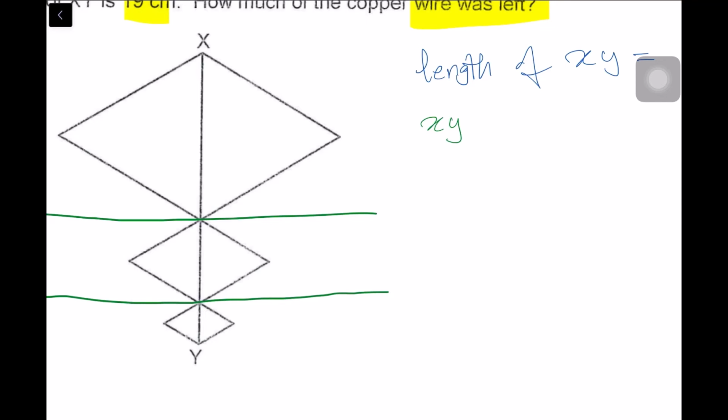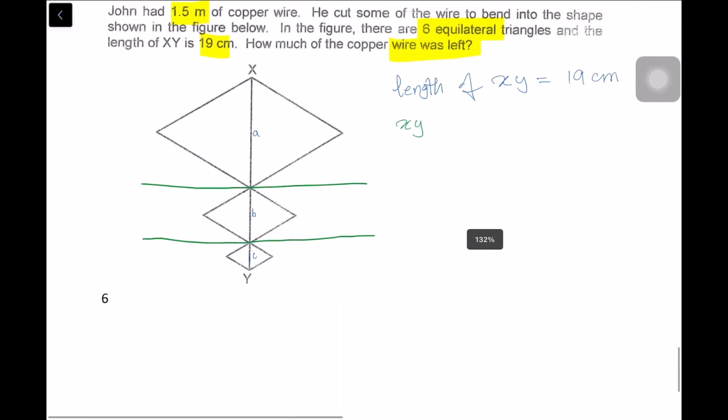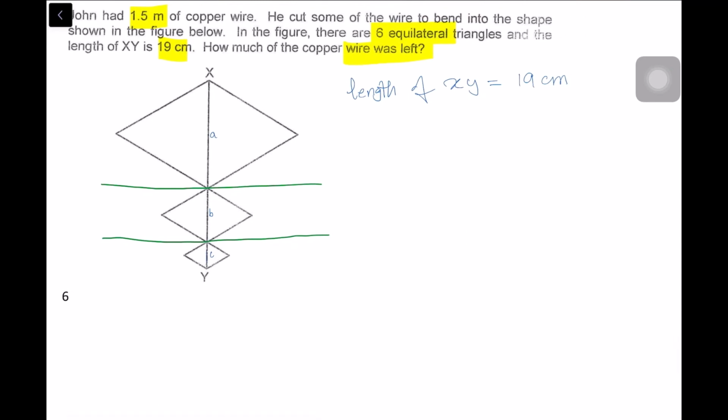right? So now let's assume that the length of the largest base is a centimeters, the length of the medium sized base is b centimeters, and the length of the smallest base is c centimeters. So based on this, we know that a plus b plus c is equal to 19.